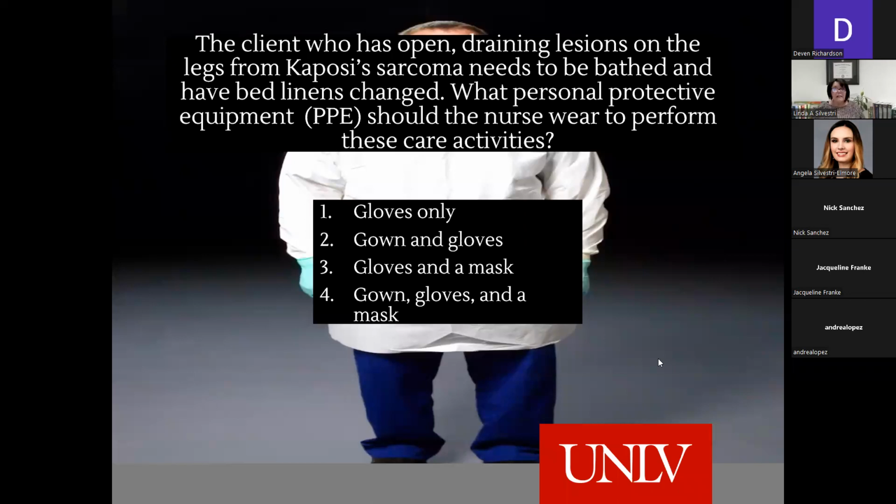But that's not the case here. Granted, if the agency is requiring masks, yes, we're going to wear them for all patient care, for any patient. But this is asking you about Kaposi sarcoma, and that the client's being bathed and having the bed linens changed. So what you need to think about is that type of contact precaution, and answer 2 is the correct answer.